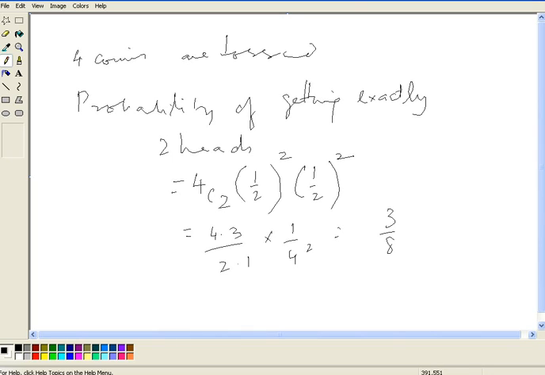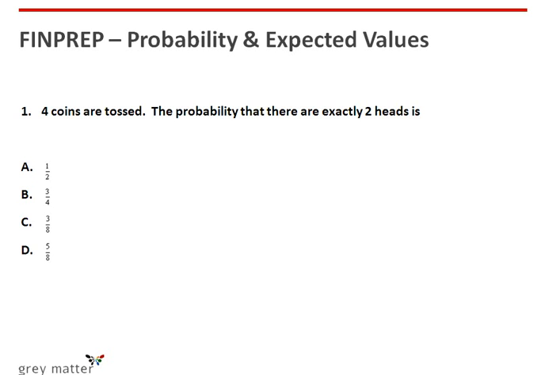So the answer is option C. In our PowerPoint presentation, it says option C, which is 3 by 8.